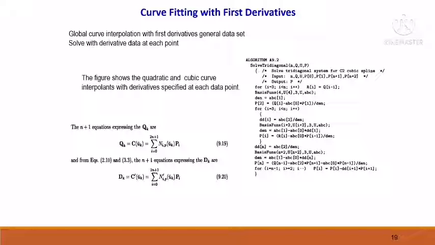We'll use something called basis functions that will take the input as u and abc. We will use basis functions for different iterations, and the output that we get is p.